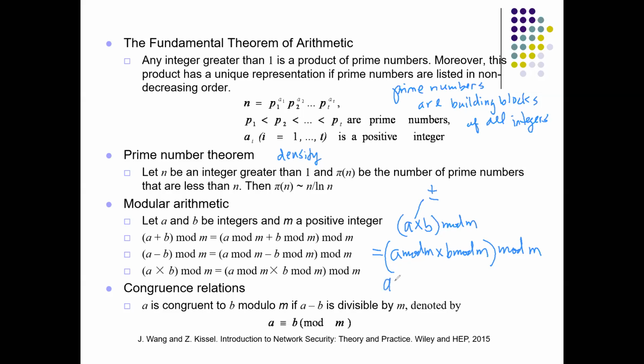We can write it as A congruent to B mod M. And this means, if and only if A minus B is divisible by M, that means if and only if A minus B mod M is equal to 0, because it's divisible.